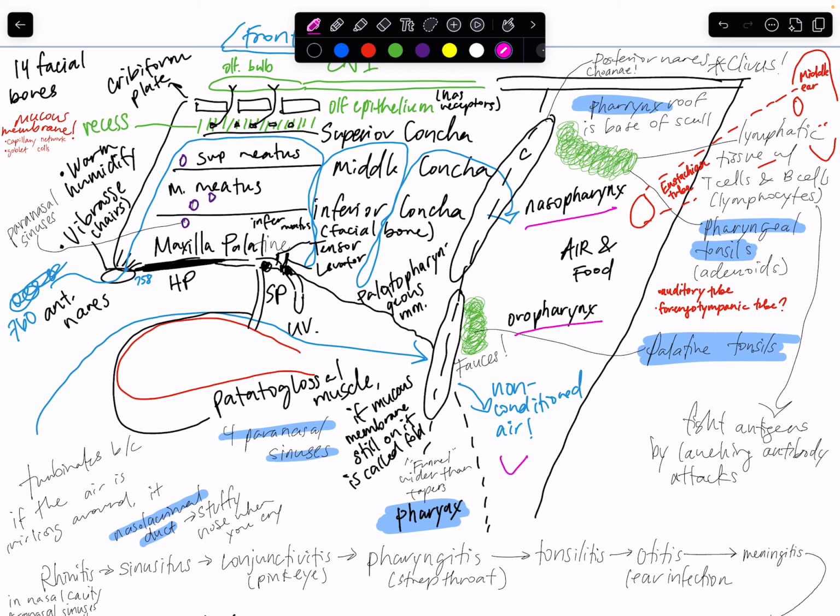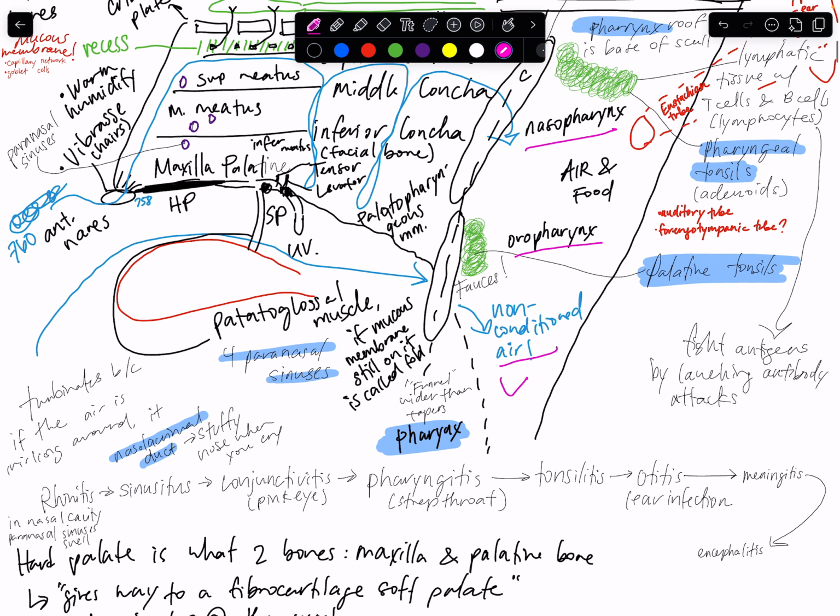This is why when you get sick and these turbinates are stuffed up and you start mouth breathing through this pathway, you have non-conditioned air and you start to actually develop a sore throat. So as you can see, this is a progression, this entire system over here, starting with rhinitis all the way ending with encephalitis.